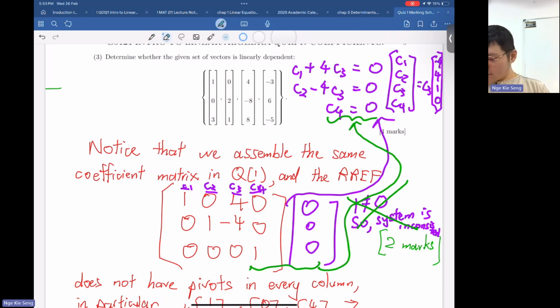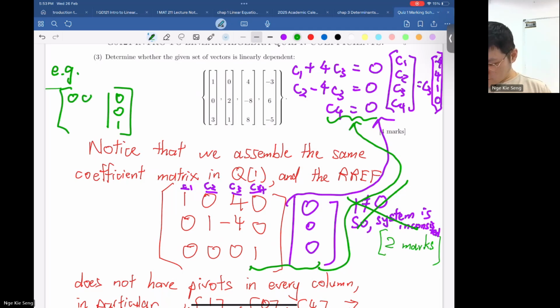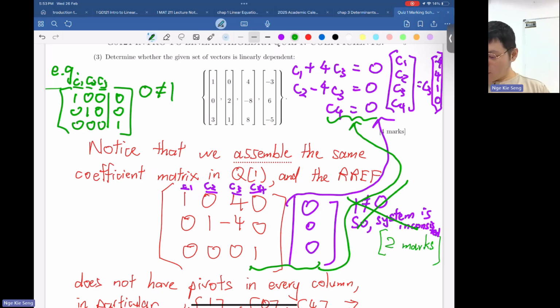But why here is 0 not equal to 1? Because if we have C1, C2, C3 here, what we have instead is 0 times C1 plus 0 times C2 plus 0 times C3 equals 0.